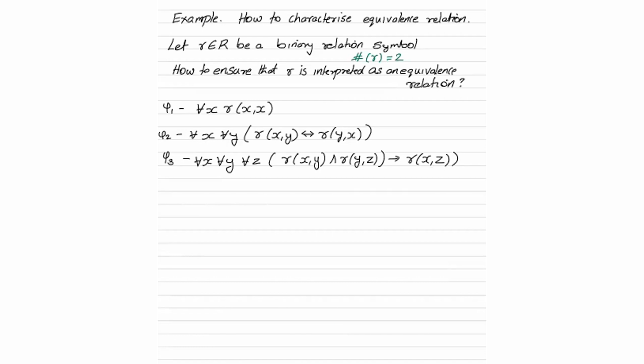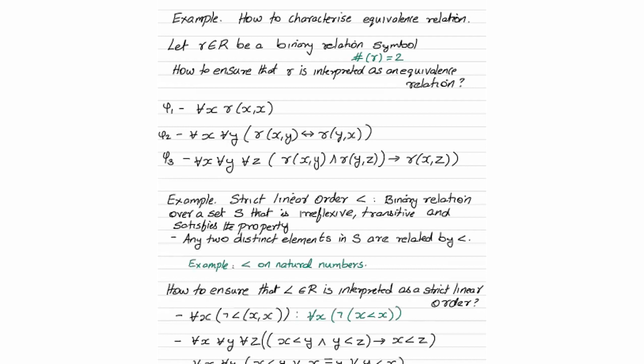Okay. Let me try to give you one more example, slightly more complicated. The notion of strict linear order is something very standard in mathematics. So let's characterize strict linear order using first order formulas. This less than is what I want to define, less than on, let's say, natural numbers. It's a relation, a binary relation, which means it has an arity of 2.